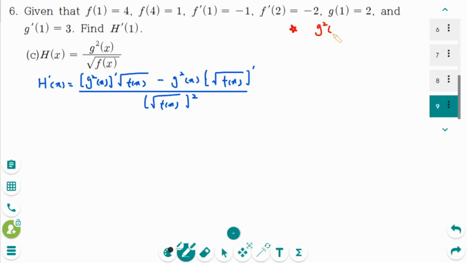g squared of x prime equals, we can rewrite as g of x squared prime. So this is u squared prime, 2u times u prime.